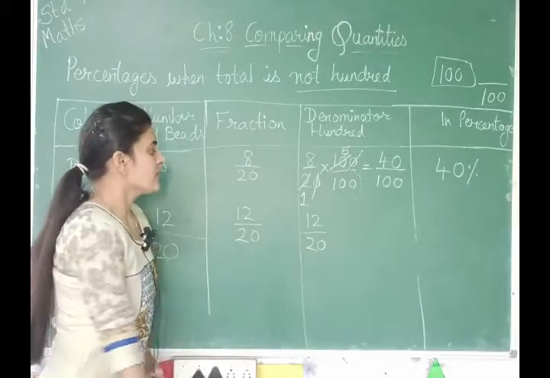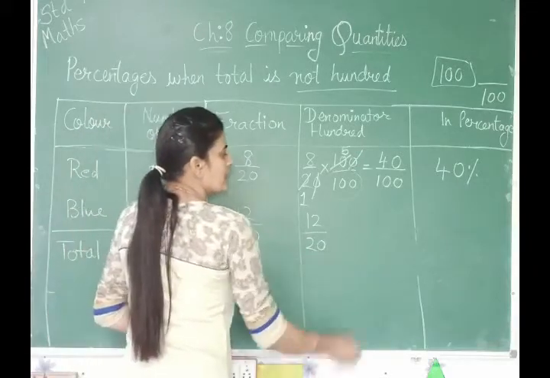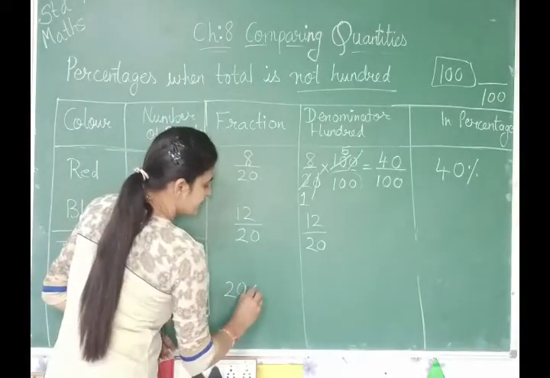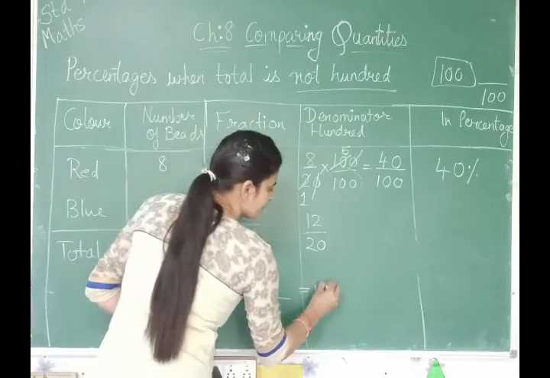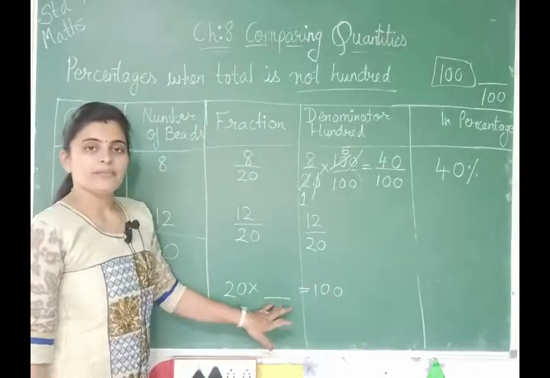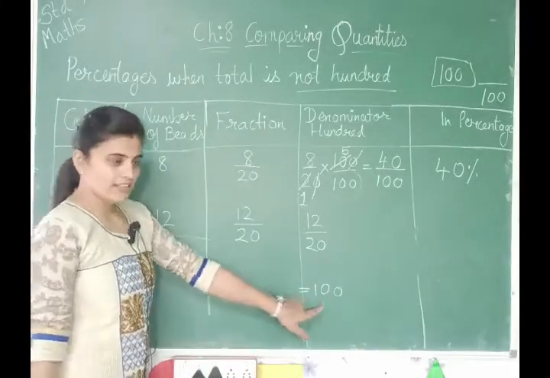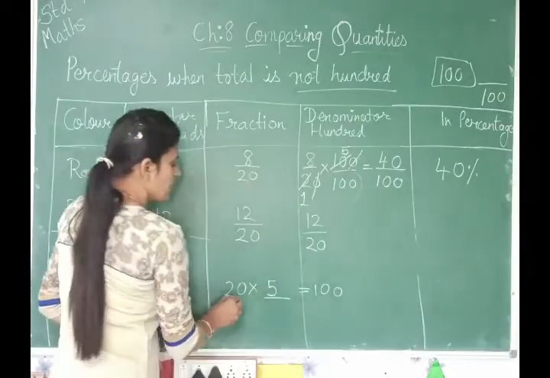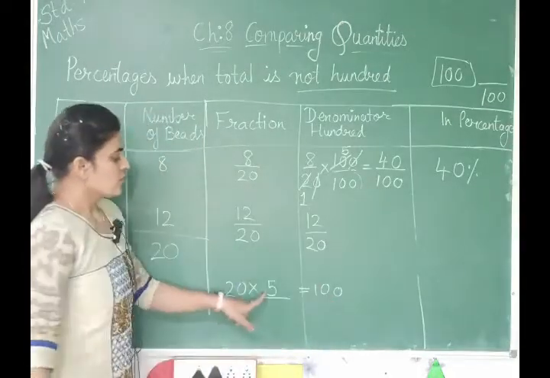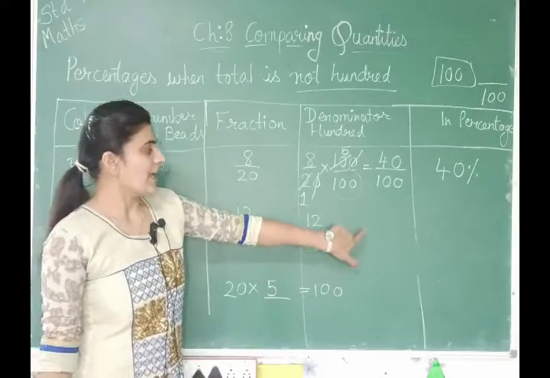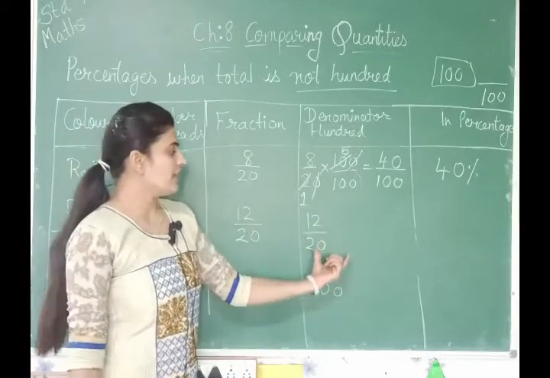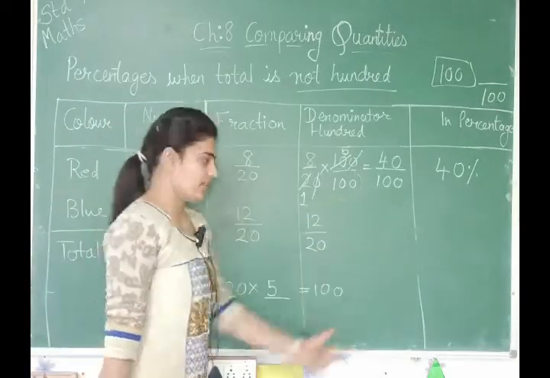That means what should we multiply with 20 to get 100? If we multiply with 5, we will get 100. Here you can see 5 2s are 10, 5 20s are 100. So if we multiply and divide by 5, we will get denominator 100.